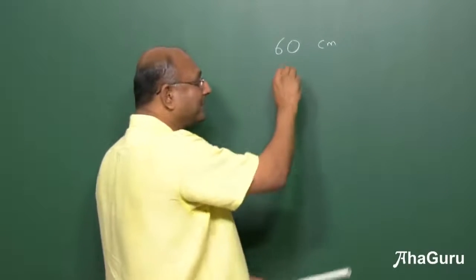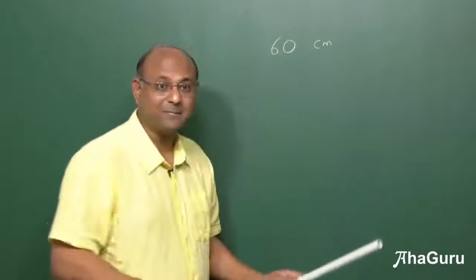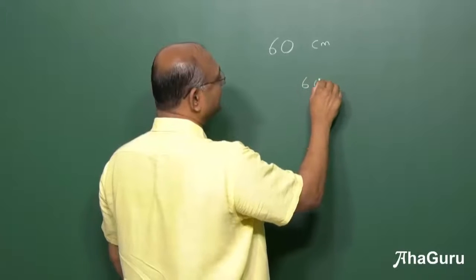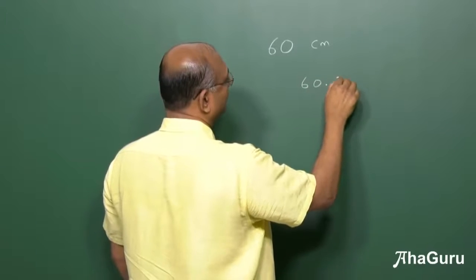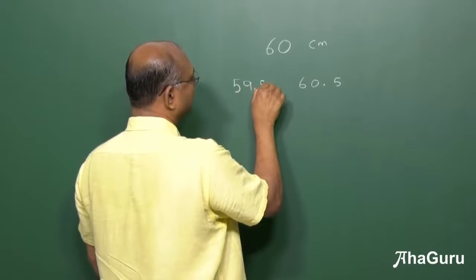It might be 60 centimeters plus maybe half a centimeter or maybe minus half a centimeter. When I'm saying it's 60 centimeters, maybe it was between 60.5 and 59.5.